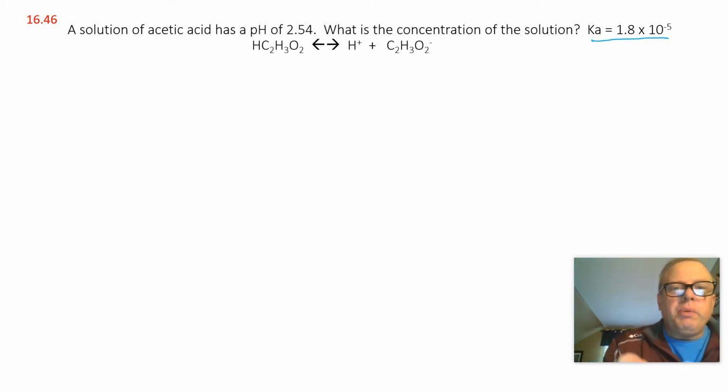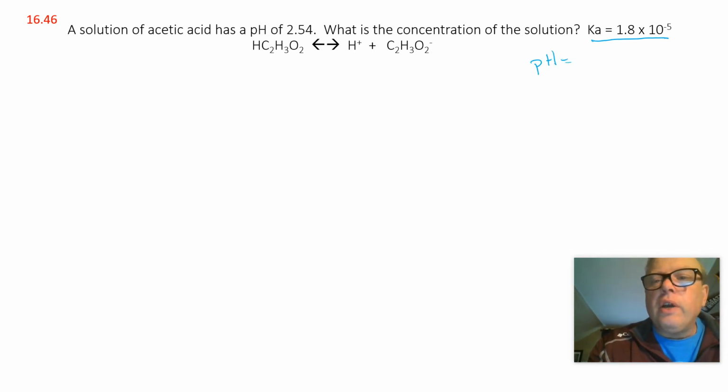All right, now this is a bit confusing, but the one thing we do know is that if the pH is 2.54, then we can solve for the concentration of the hydrogen ion.